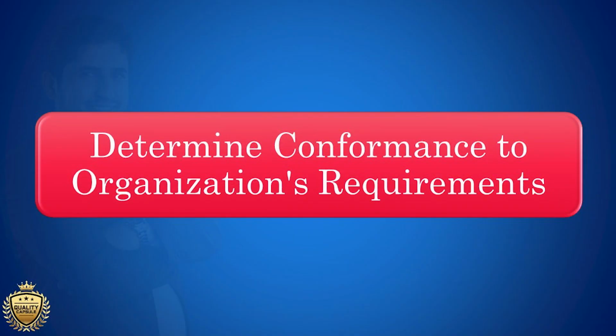Now, let's discuss determining conformance to organizational requirements. Internal auditors also assess whether the system conforms to the organization's own requirements or not. These are policies, procedures, work instructions, checklists, or other documents tailored to meet a specific process and product need.